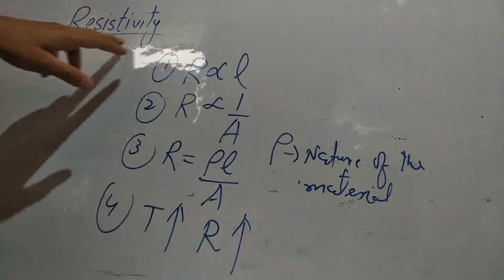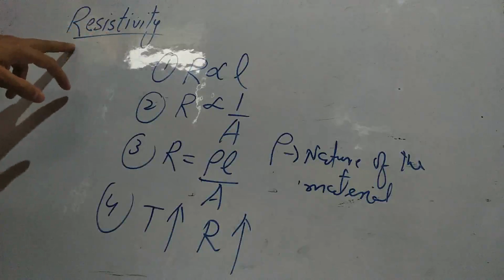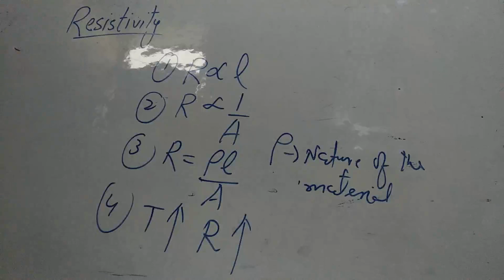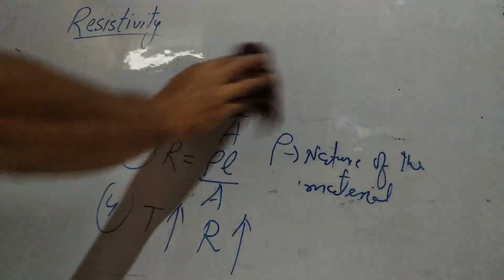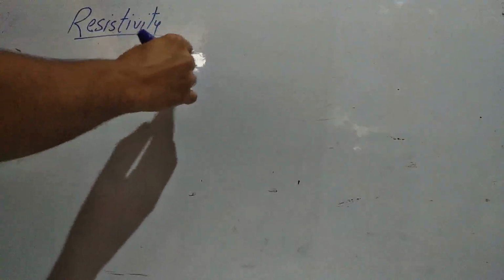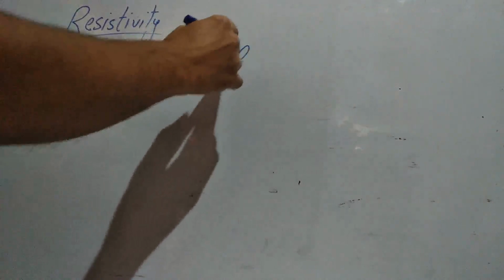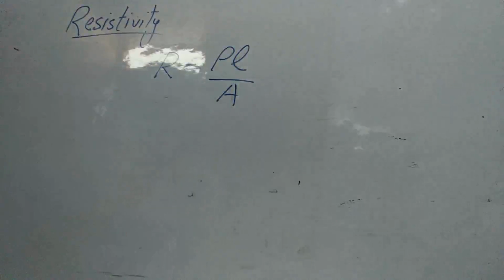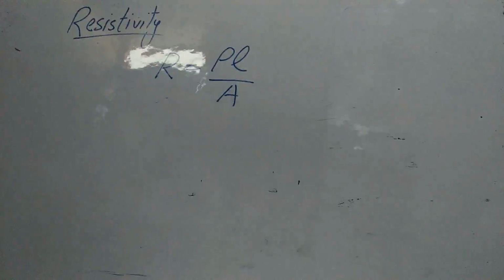Let's now talk about the topic of resistivity. What does resistivity mean? We have seen that the resistance R is equal to rho L divided by A. This we have derived.